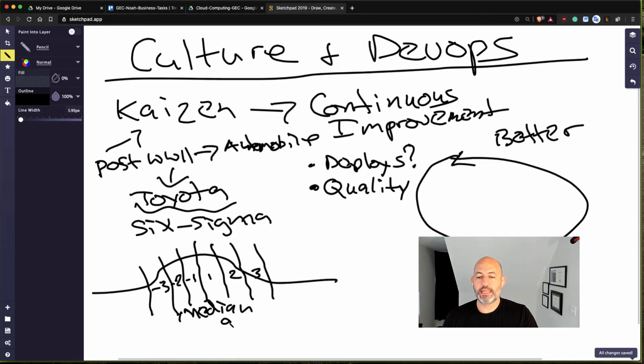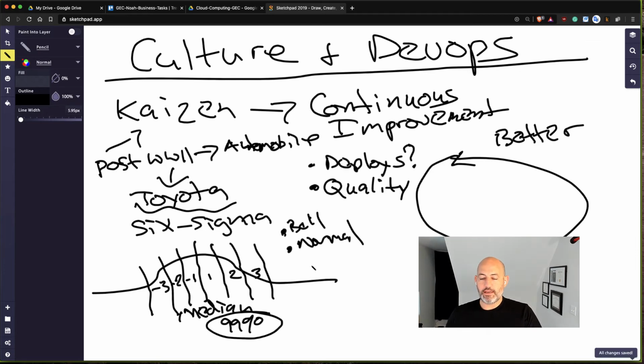You have something like 99% of all events occur within 3 standard deviations to the left or to the right of the median, right? So this is just the nature of a normal distribution or a bell-shaped distribution, and in particular, what's interesting about this is that you can now use that as a way to fix things, right?